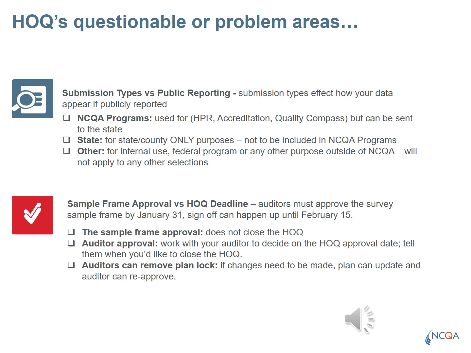And then from any time from that until February the 15th, you can go in, finish up the rest of the HOQ, and mark it final. But once again, January 31st is just when the sample frame has to be approved, not when the HOQ has to be marked final. Any confusion about that? Once again, please contact your assigned NCQA HEDIS account manager.